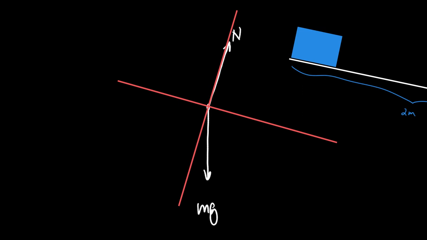So this is positive x, this is positive y. Normal force is fine, but I'm going to have to take the weight and break it up into components, something like mg cosine theta and mg sine theta. Any questions?